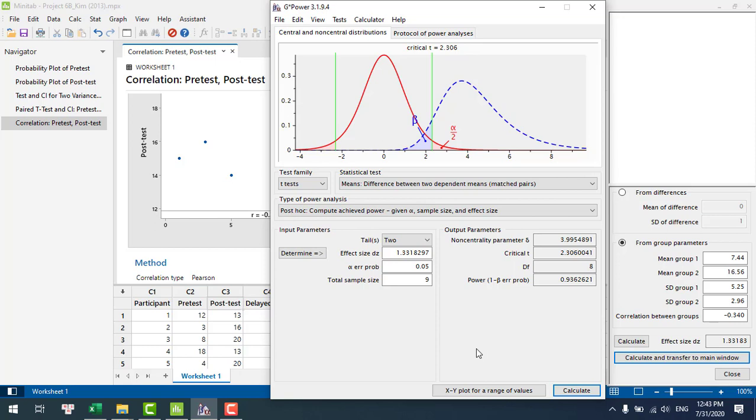So in this case, notice that we got a power of 93.62%. So that means that with the model that we have, we can predict 93.62% of the variation that we had between the two means, between the pre-test and the post-test.